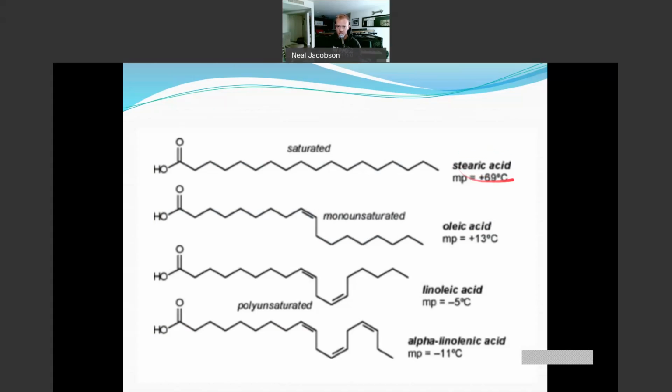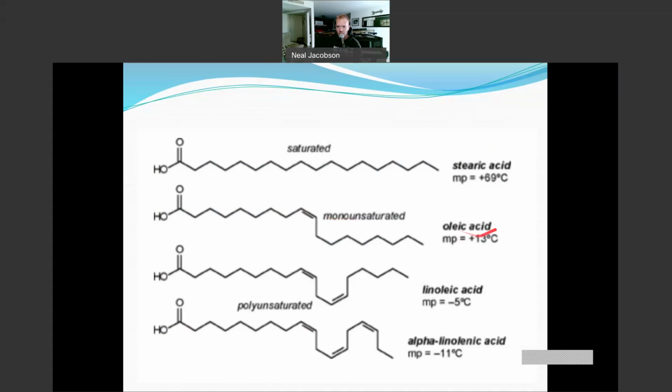69 degrees Celsius, that's like dry sauna temperature, is where this thing starts to melt. And then we add a kink in the tail, so we have a monounsaturated fat. It's only got one kink in the tail. And notice that one kink drops the temperature at which it will turn from a solid into a liquid by almost 50, 60 degrees.